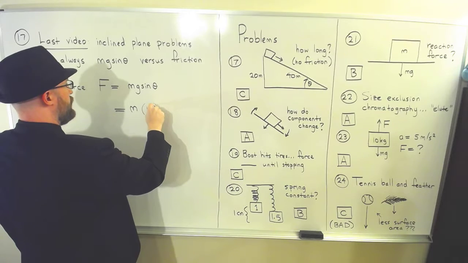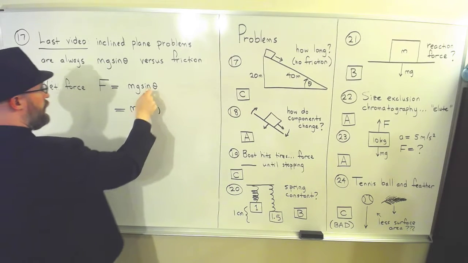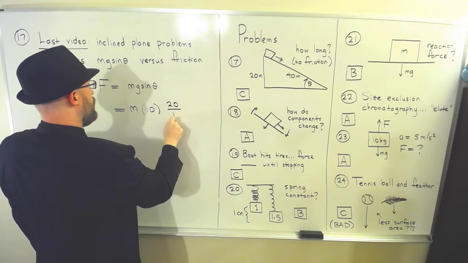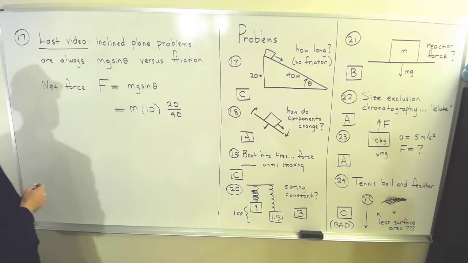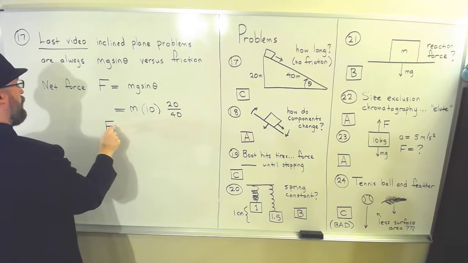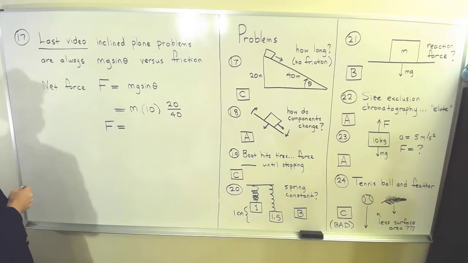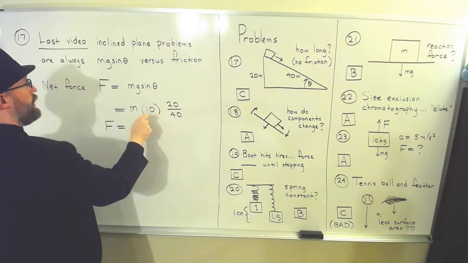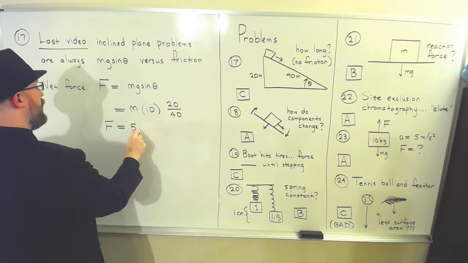And then sine theta, that's 20 over 40. So that force is equal to, well, 20 over 40 is 1/2 times 10, so this is just 5m.